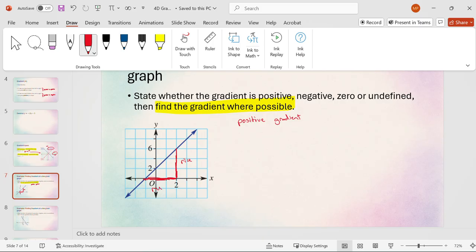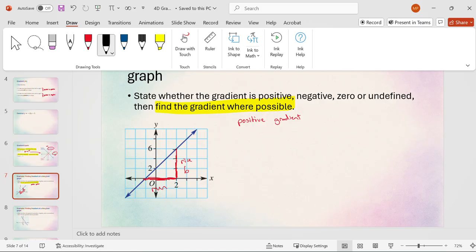And then what's my run? It doesn't matter how big or small you make the triangle, obviously, just make sure that it makes sense, okay? So, looking at my graph here and looking at the scaling, I can see that my rise is 6 because every step I count here, it's increasing by 2 every single time.